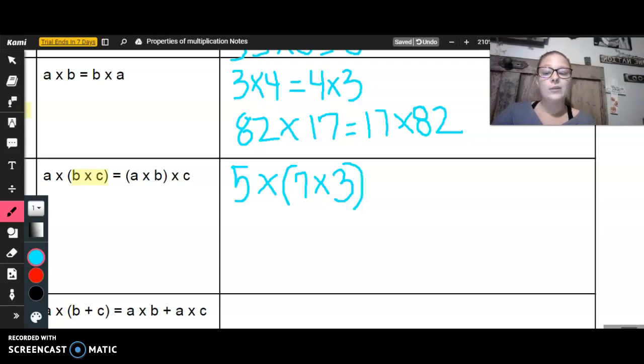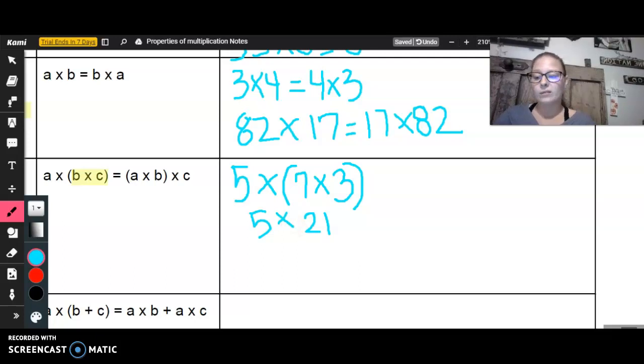So what I was just saying was that with the parentheses, you would multiply what's in the parentheses first. So you would do 7 times 3, and then you'd get 21. And then you would be able to multiply 5 times 21. And it just makes things simpler.